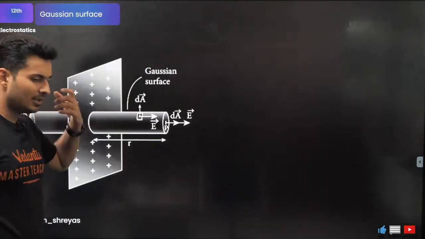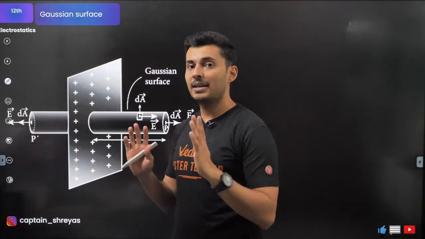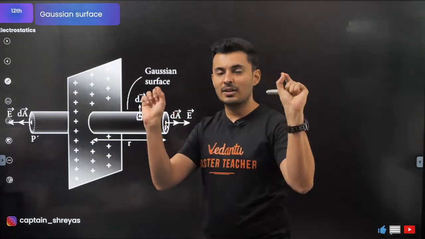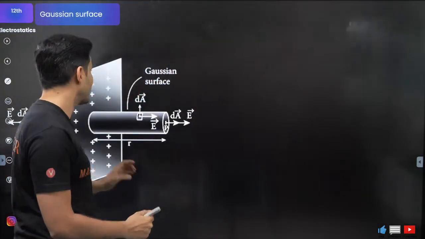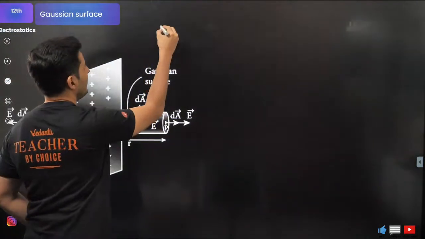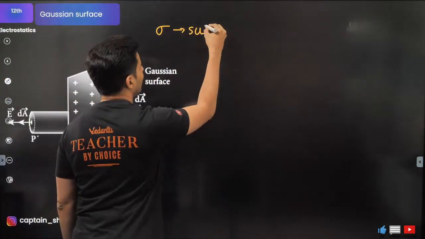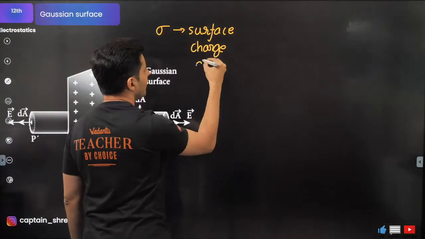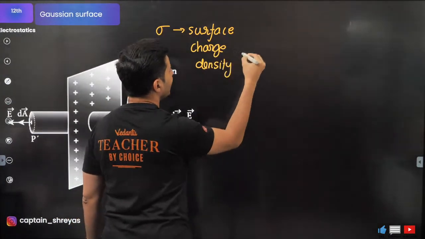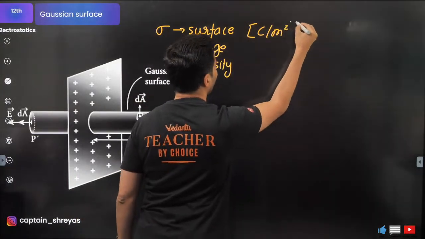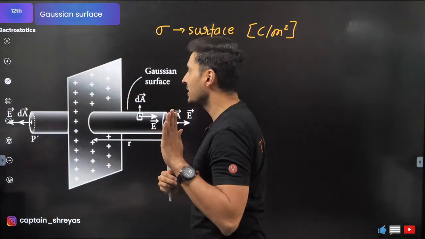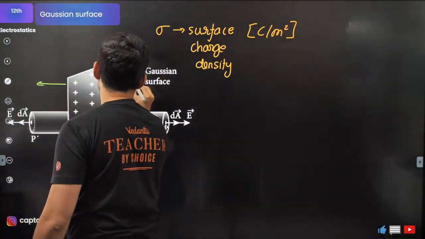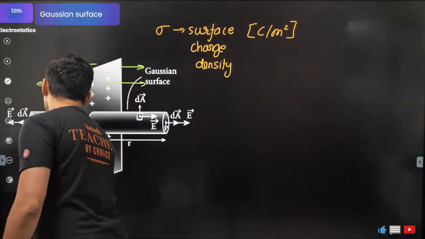Similarly, you have another application of a plane charge density, where you have a sheet which has sigma coulombs per meter square. So sigma is the surface charge density, in coulombs per meter square. If you have a sheet which is uniformly charged, it will create an electric field both ways, like this as well as like this.